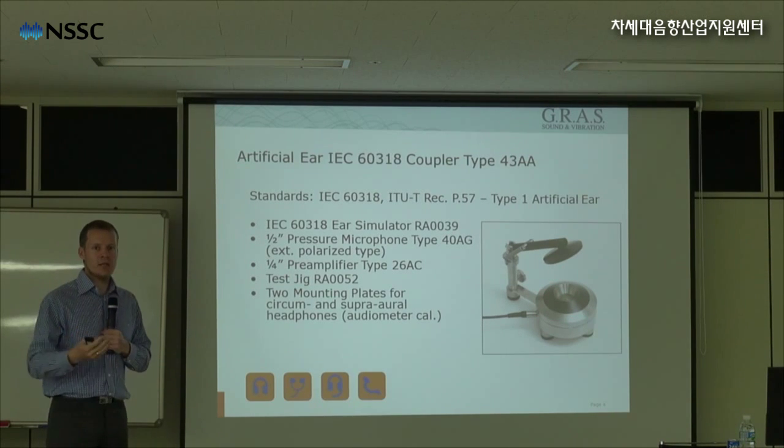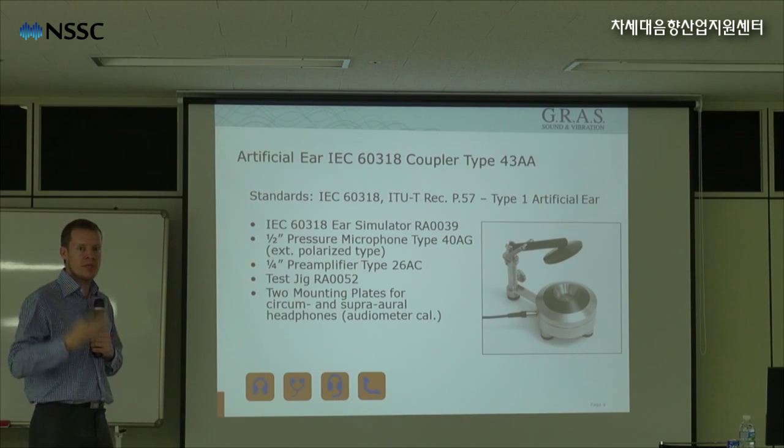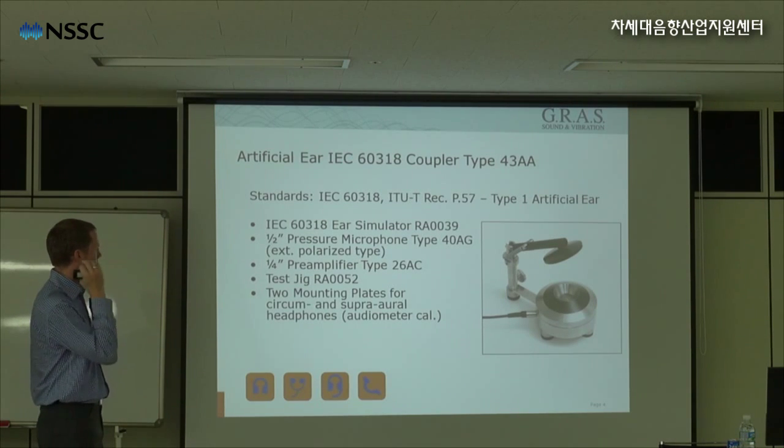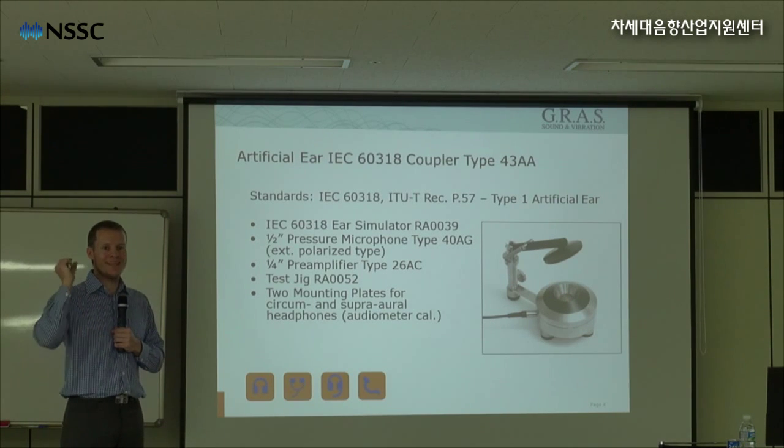It's a mechanical structure where you can do repeatable measurements on testing ears. It consists of a pressure microphone, which is built inside, and this represents the eardrum of the human.